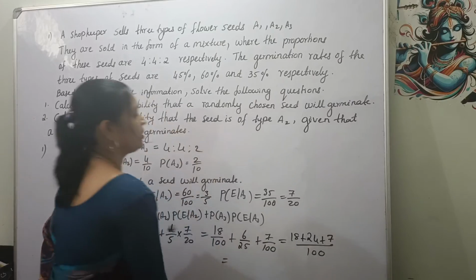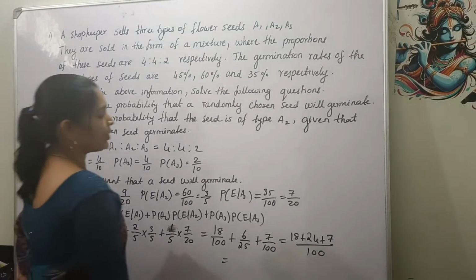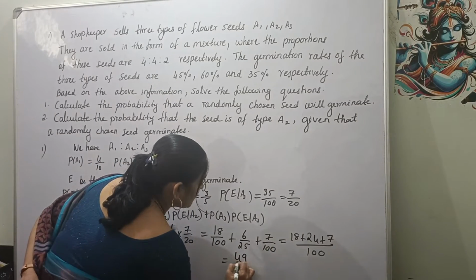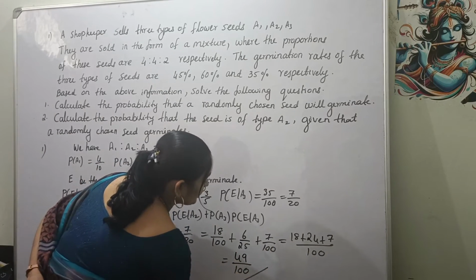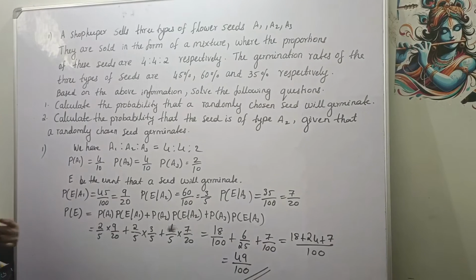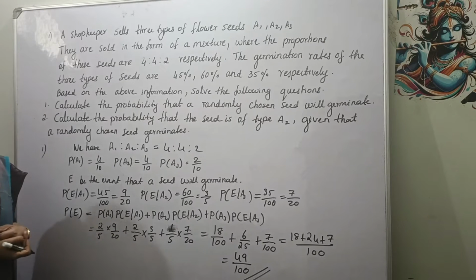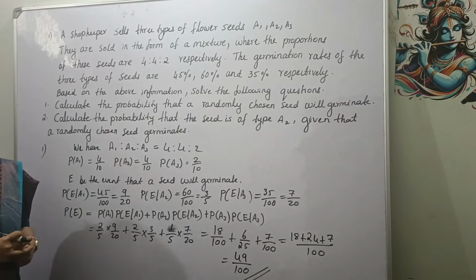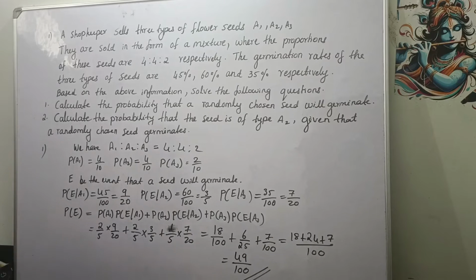That is equal to 18 plus 7, 25, 45, 49. 49 divided by 100. Right? So here the probability that a randomly chosen seed will germinate is 49 divided by 100.